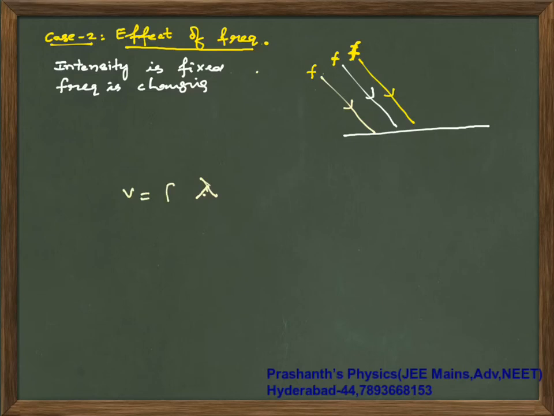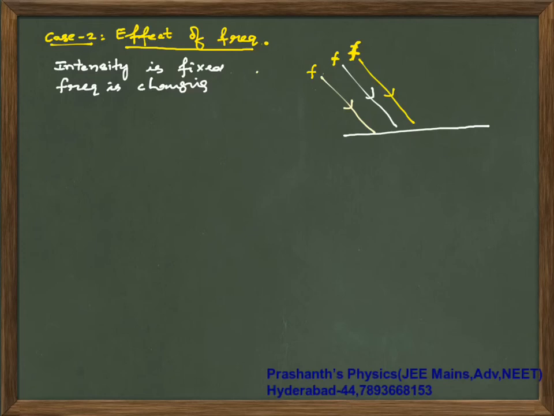Velocity is equal to frequency into wavelength. As long as it is light, everything moves with the speed of light, c equal to f into lambda. What will change is the frequency and wavelength for different colors. Logically, intensity fixed means your frequency is actually changing.